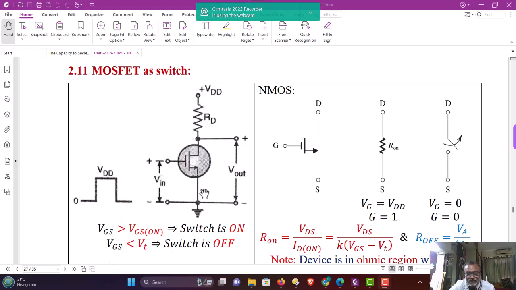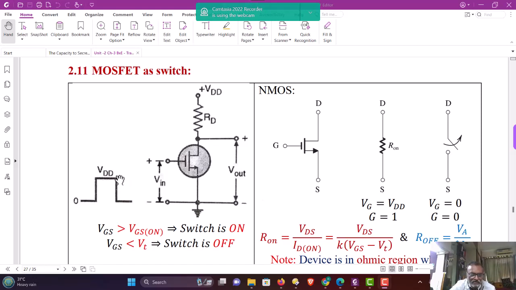When the device is fully on, VDS is equal to the output voltage Vout, that is 0. So when input is fully in on state, that is VDD, output voltage is 0. It is perfectly analogous to a closed switch.